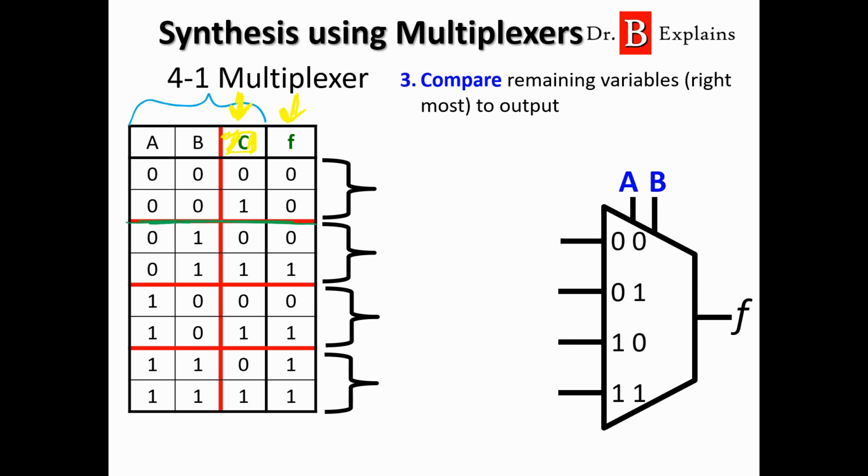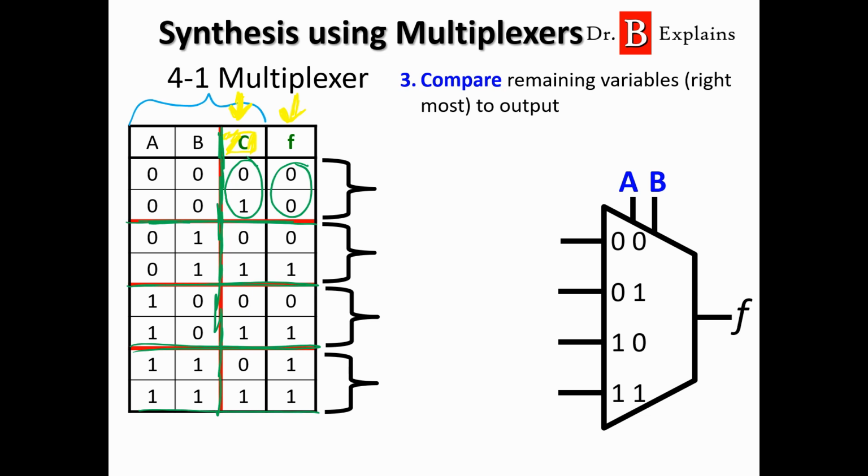So I have 4 divisions, and I'm going to be looking at these two. How do these compare with these two? And by that I mean, does F depend on C?